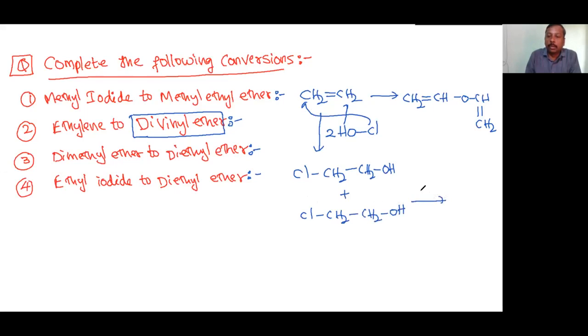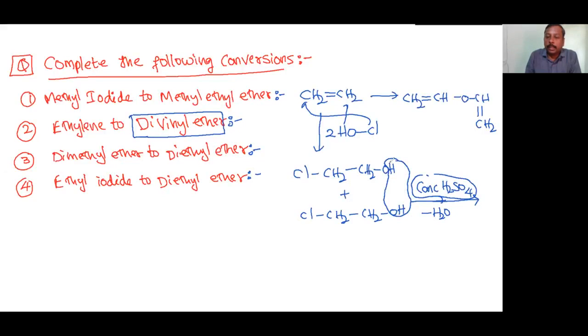Now, if I use concentrated sulfuric acid, every reagent purpose you should know. Whenever you want to remove a water molecule, the best reagent is concentrated sulfuric acid. Okay, sulfuric acid is a strong dehydrating agent.